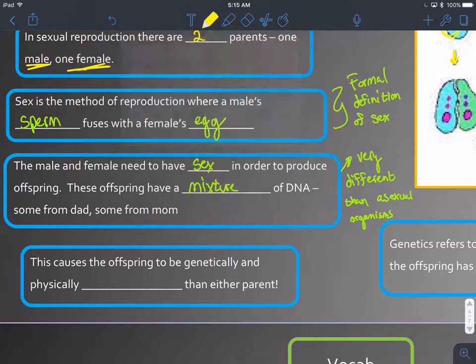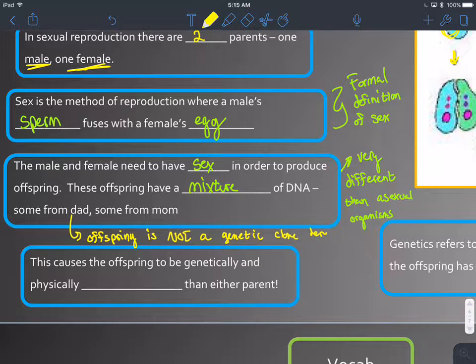The offspring is not a genetic clone here. Different than asexual reproduction for sure.